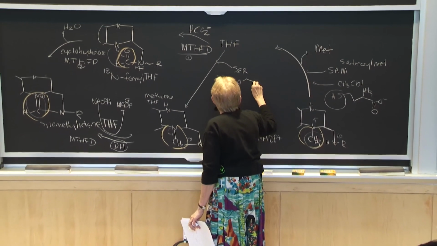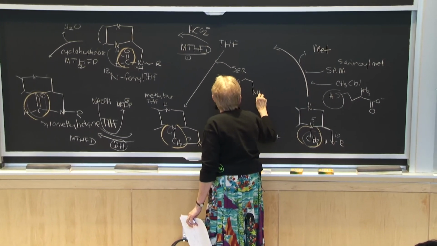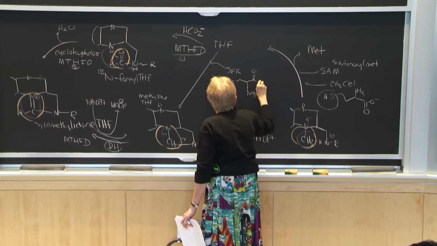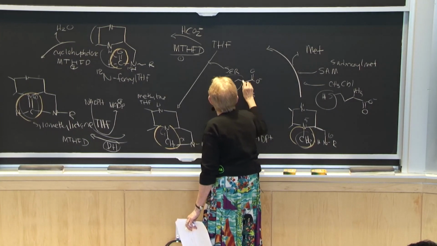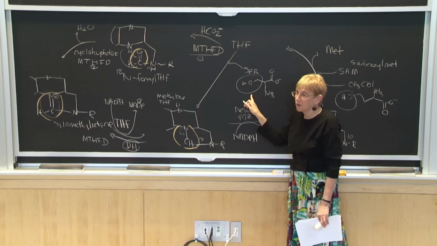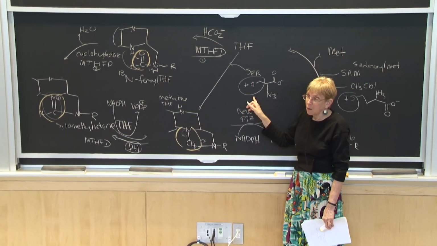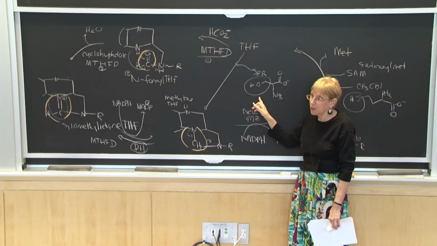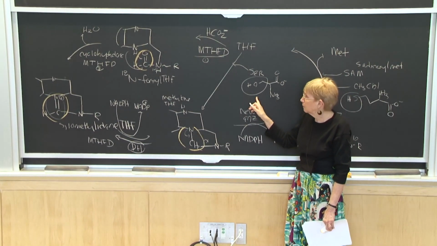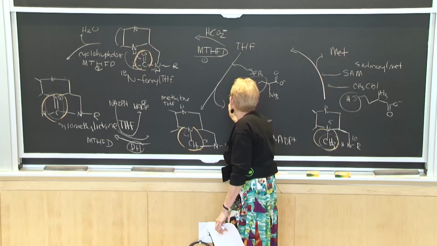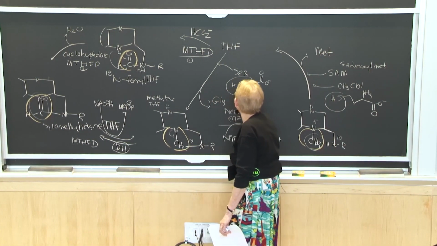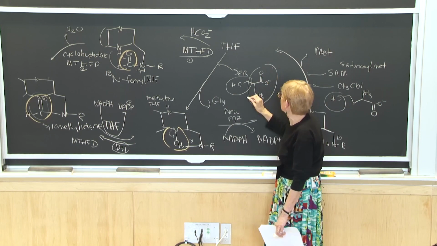Okay, so I'll draw this out because I think this is really important. This can be converted into formaldehyde. Does anybody know what the cofactor would be that would do that? And then what you end up with is glycine.